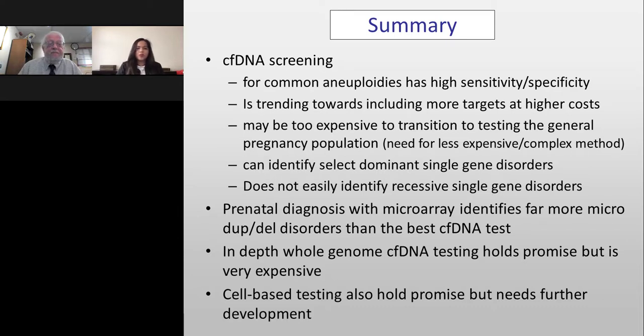Shouldn't all pregnant women have genetic counseling prior to cystic fibrosis DNA screening? Cell-based screening. Yeah, that's an aspirational goal. That would be nice.